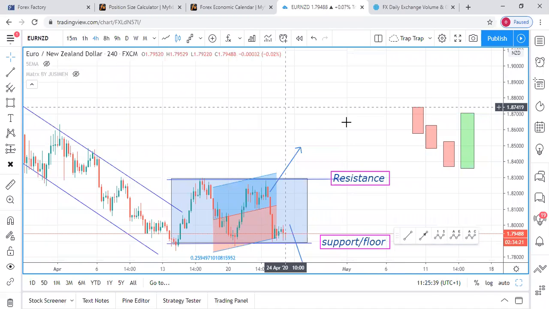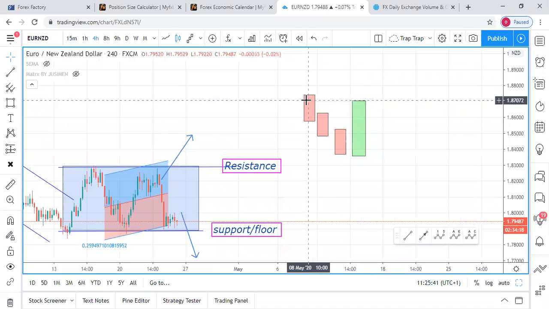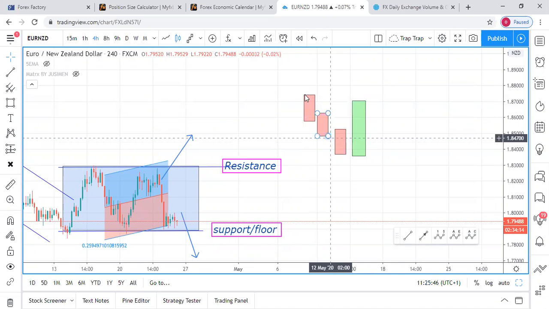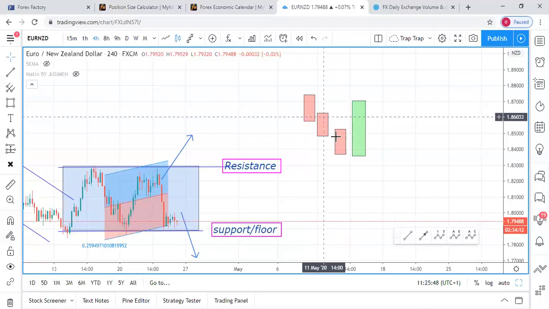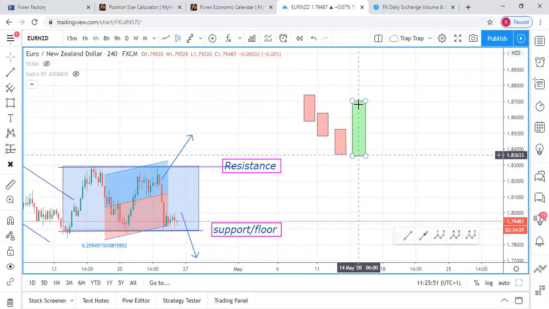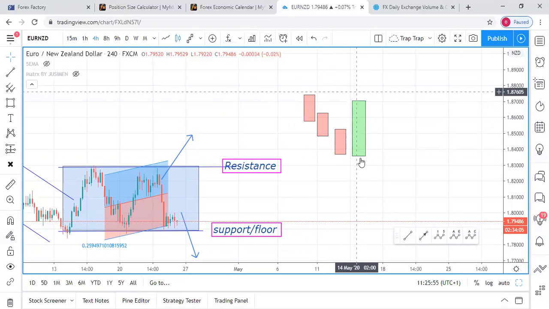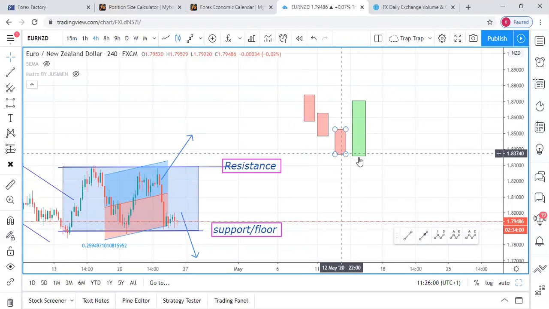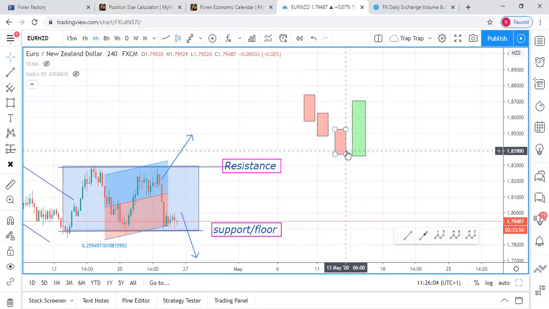So let's say you have a series of down candles, meaning that price is in a free fall. Then all of a sudden, you have a large bullish candle. And the bullish candle engulfs, when I mean engulfs, is bigger than this smaller candle, right?